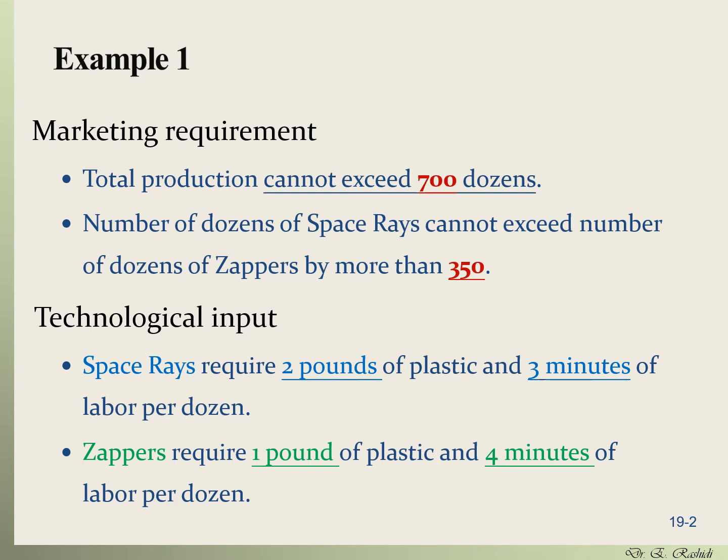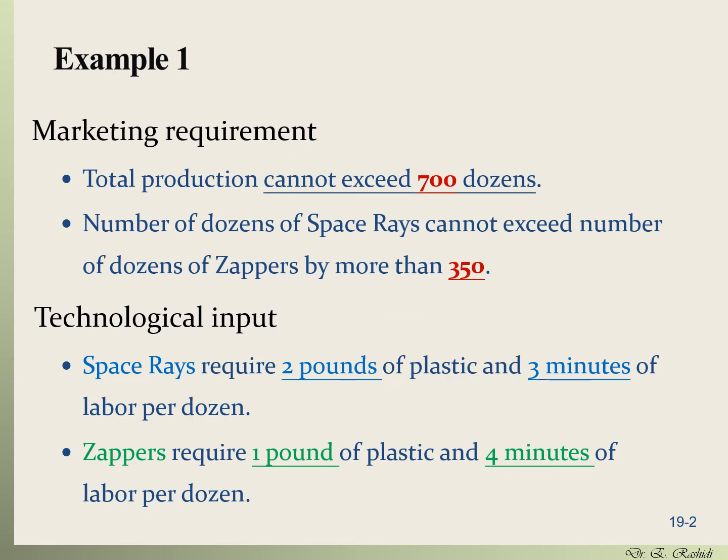Now let's go to the technological input and ingredients of this production. One dozen of space rays would require 2 pounds of plastic and 3 minutes of labor per dozen.